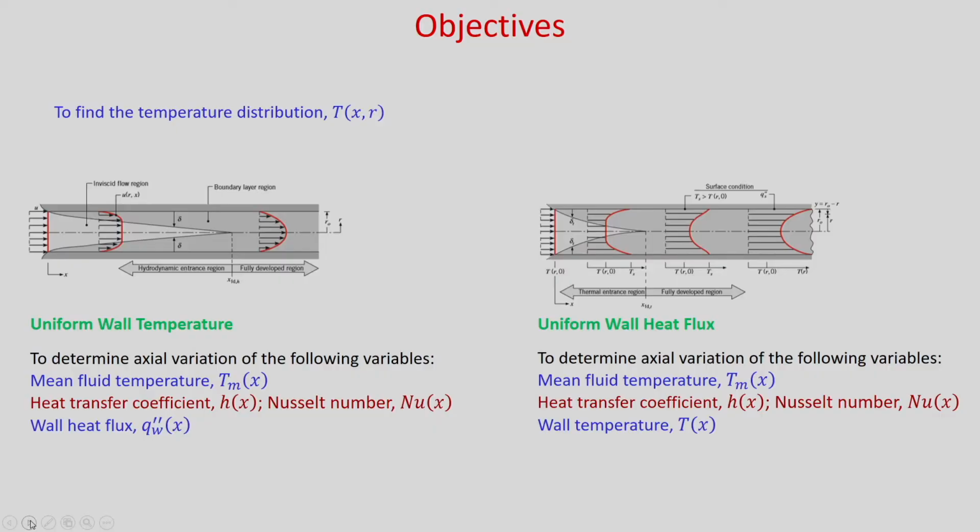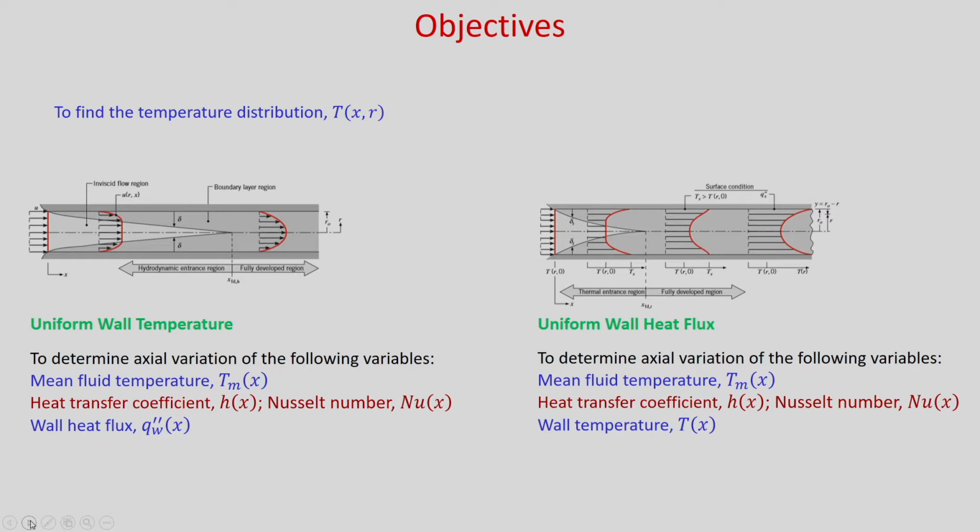So, what is the objective to study convective heat transfer in internal flows? Obviously, the first thing is to find the temperature distribution inside the domain. Once you know the temperature distribution, then based on the thermal boundary condition on the wall, we will have these objectives.